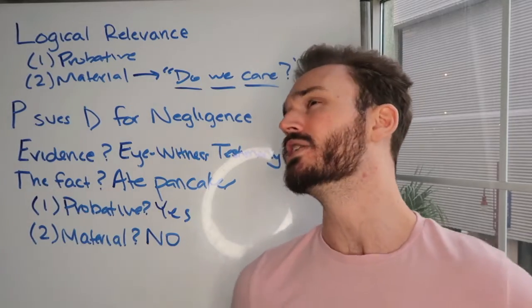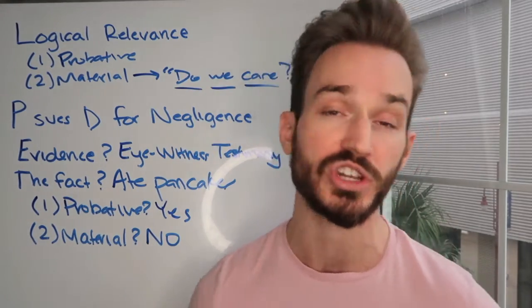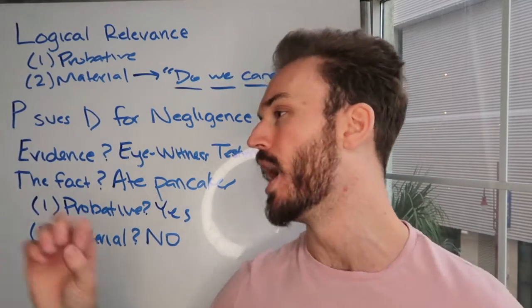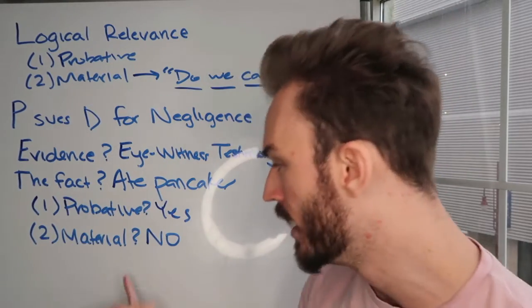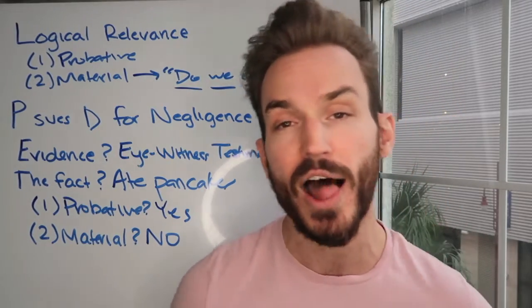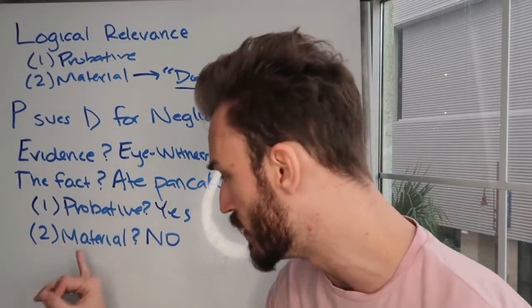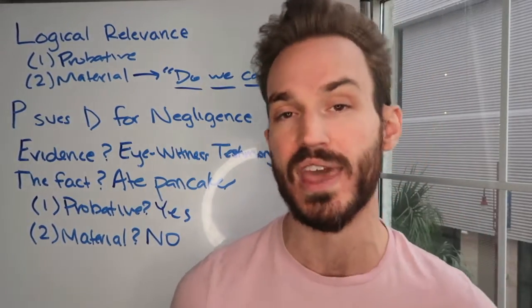What if it turns out that this witness somehow has got this bizarre allergy to pancakes that can affect his eyesight? So he's got some unheard of condition. We have a doctor that can testify to it, whatever. Then is it material? Well, yeah, now it matters, right? If you're telling me that eating pancakes in the morning can affect this witness's eyesight, well, then that is of consequence in determining the outcome of the action.